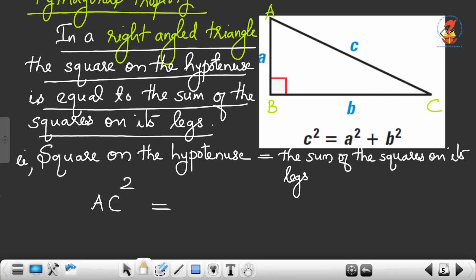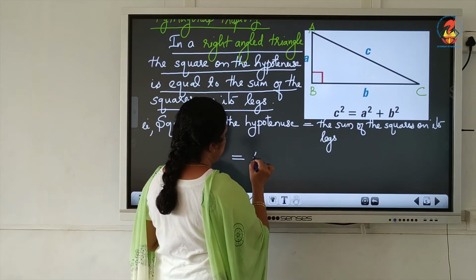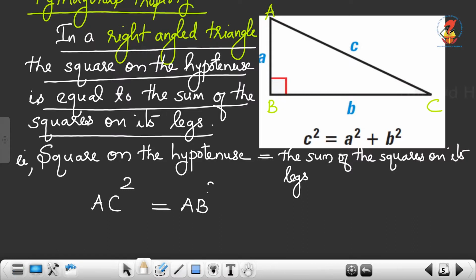That means the sum of the squares of the other two sides. The other two sides are AB and BC. So we have to take the square of AB, AB square, plus the square of the other side, BC square. So AC square is equal to AB square plus BC square.